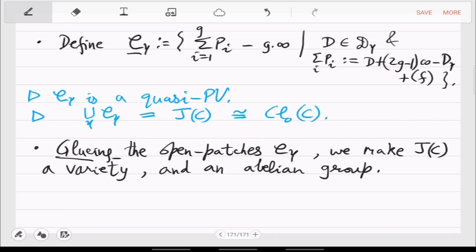Right, so there are two facets of JC. This is the group part, and this is the variety part. So JC has both these facets. It's a projective variety. It's also a group. It's called an abelian variety, and it has dimension quite high, which you can already guess from there.